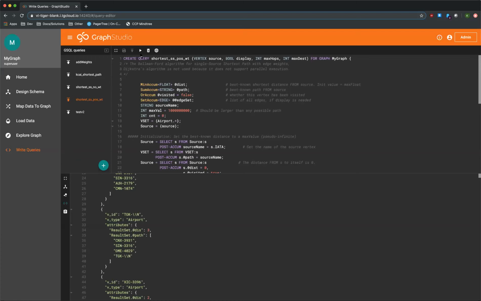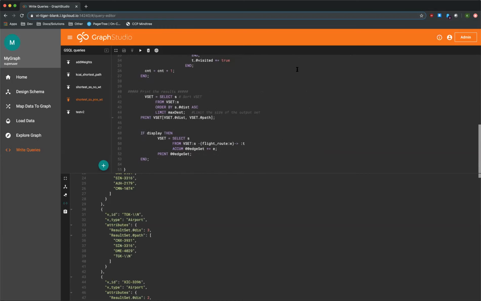I also added a couple other parameters to the query, maximum number of hops and maximum number of destinations. That's the size of the output. So instead of reporting all 8,000 possible destinations, I want to limit it. It's not limiting the calculation, it's limiting the final output. And I added sorting into this.